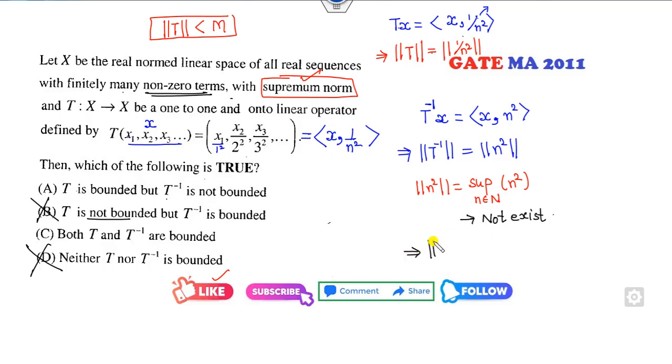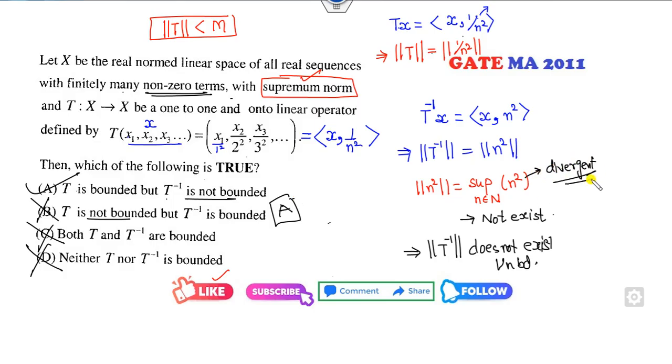It means norm of T inverse does not exist, so T inverse is unbounded. Both are bounded is the wrong option. A is right. All of you know that it's a divergent sequence, so supremum does not exist. So once the supremum does not exist, the norm does not exist, which means it's unbounded.